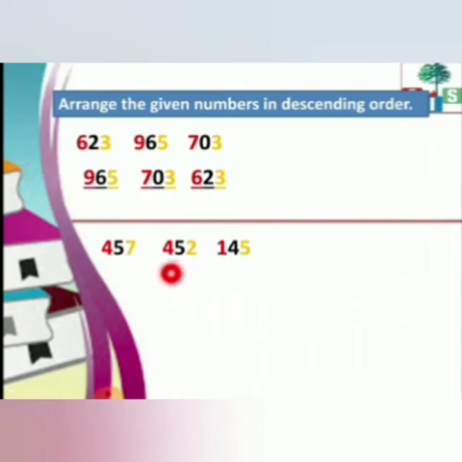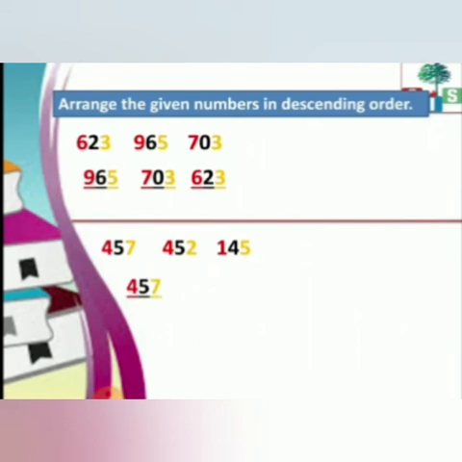And in 452, at tens place, the number is also 5. So now what can be done? So I will look at the ones place. Here it is 7 and here it is 2. So now out of these three numbers, which is the biggest number?